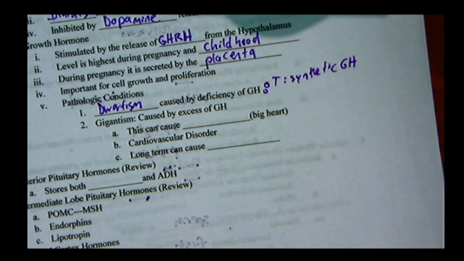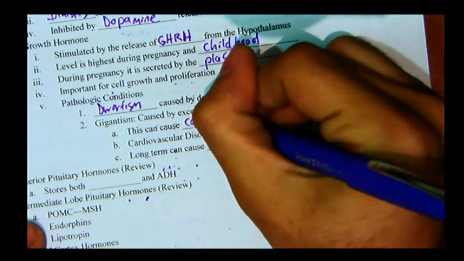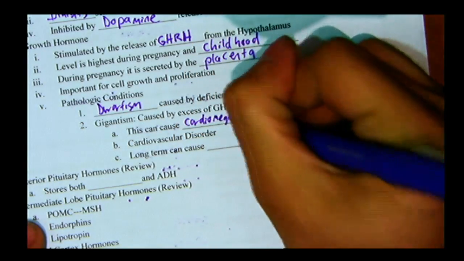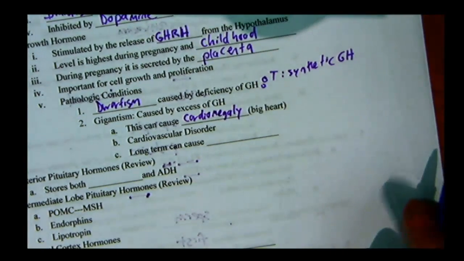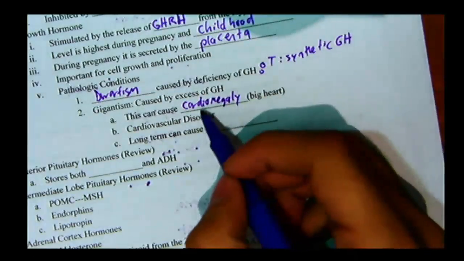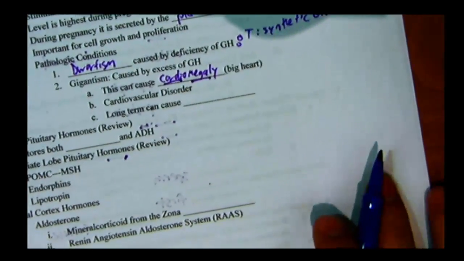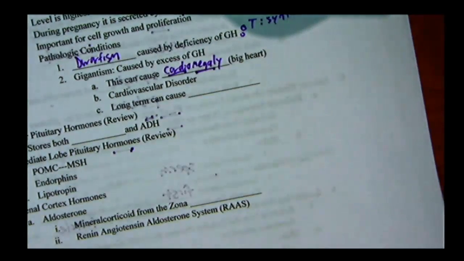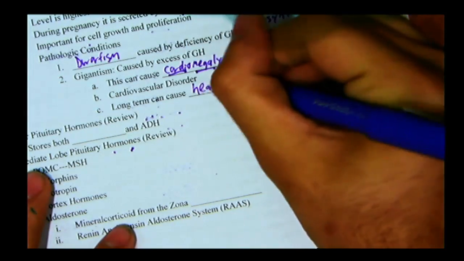What is big heart called? Cardiomegaly. If only everything in medicine was just that simple, like big heart and big stomach. But yeah, basically heart, big. Cardiomegaly. So that causes a cardiovascular disorder, and long-term causes what? Heart failure. Just like that one Robin Williams movie.